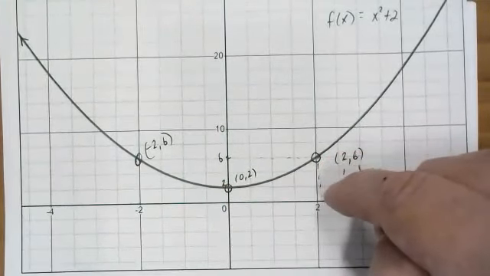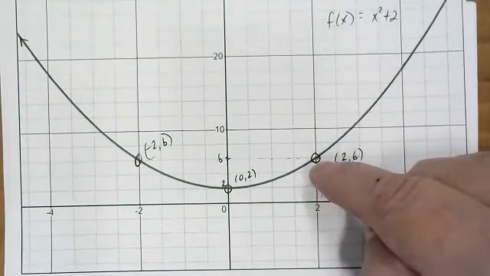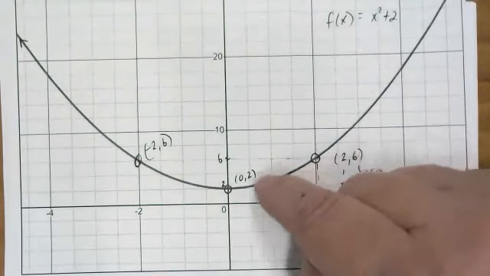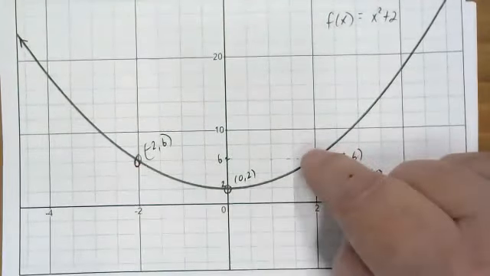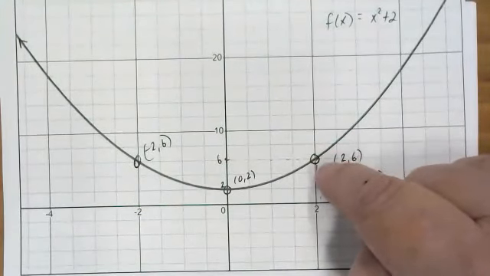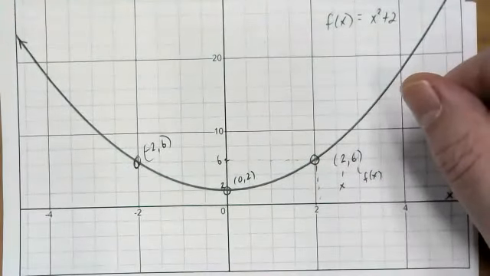Or what's the value of x when the function is 6? And for that question, there are actually two different points on the graph of the function where the function is 6. So we actually have two answers, when x equals 2 or when x is minus 2.